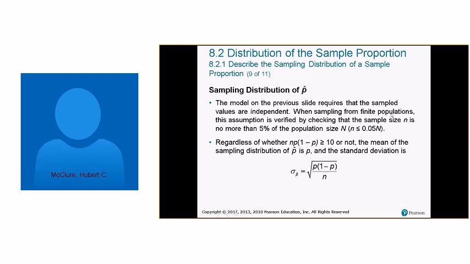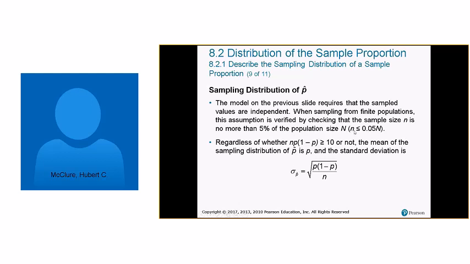When sampling from a finite population, this assumption is verified by checking that the sample size n is no more than 5% of the population size. So n has to be less than 5% of big N.